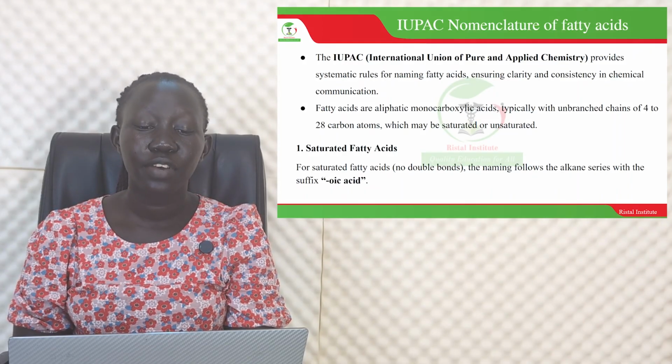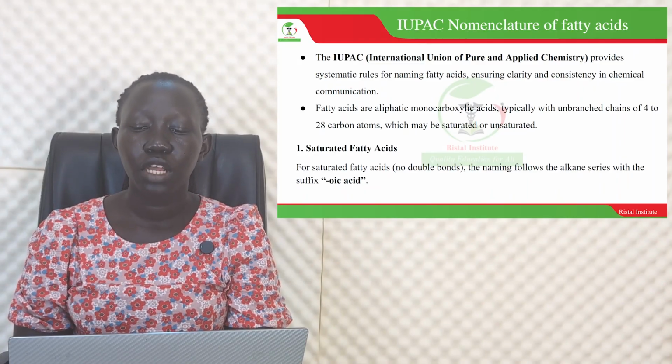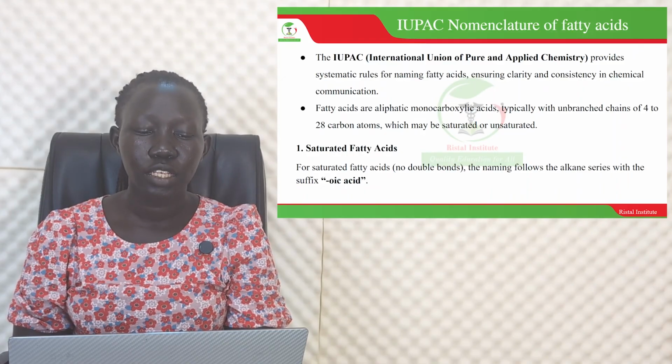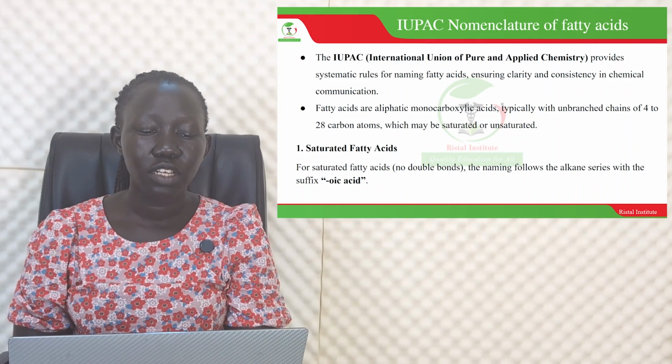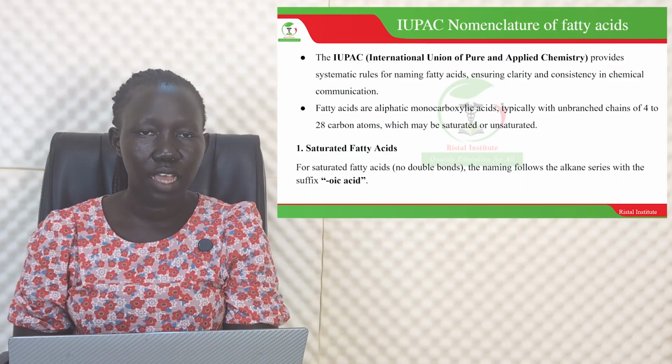Fatty acids are aliphatic monocarboxylic acids, typically with unbranched chains of 4 to 28 carbon atoms, which may be saturated or unsaturated. The saturated fatty acids have no double bonds, as we've already noted earlier, and the naming follows the alkane series with the suffix oic acid.